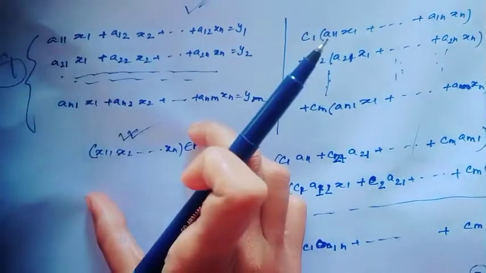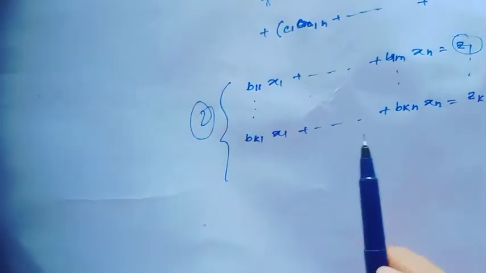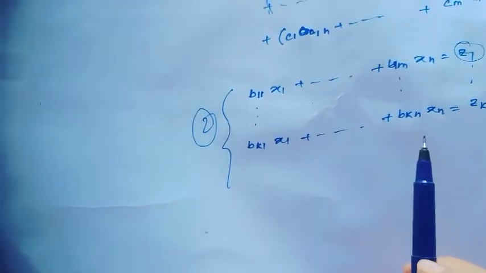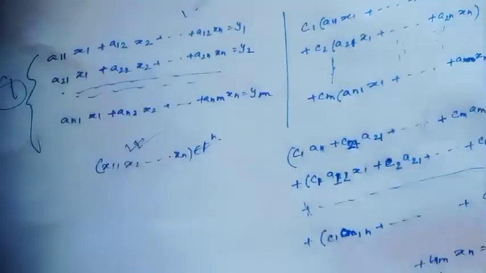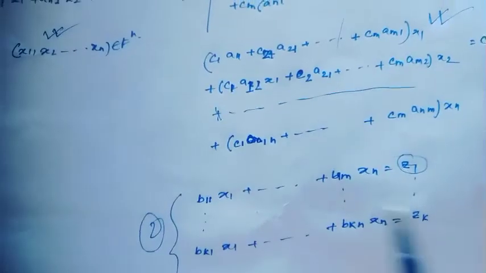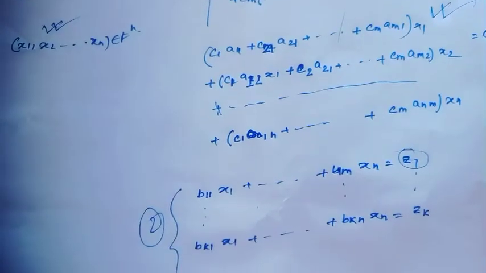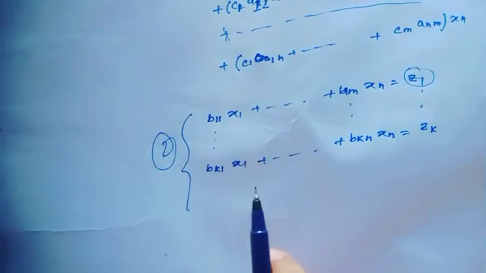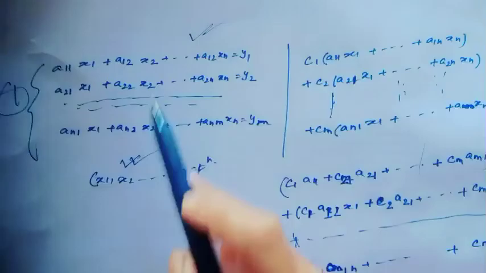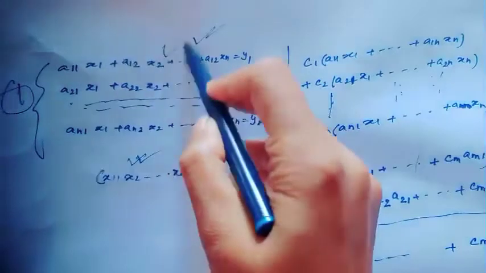But there may be extra solutions which cannot be solutions of the original equations. For example, consider the case where all c1, c2 up to cm are 0. Then the solution would just be the zero solution, and 0 is not a solution of the original system.